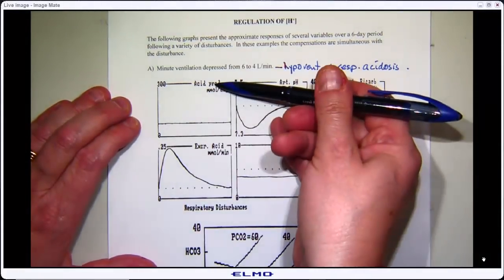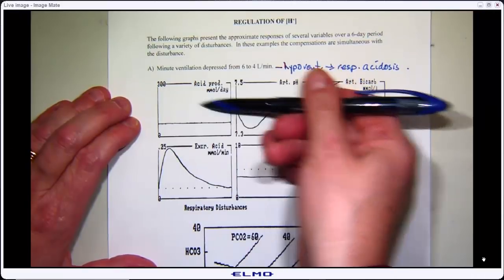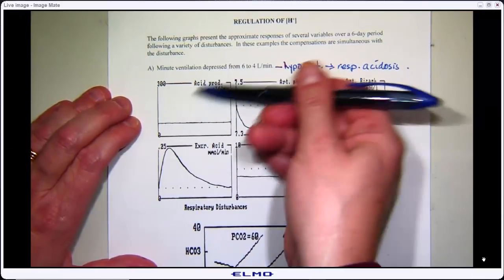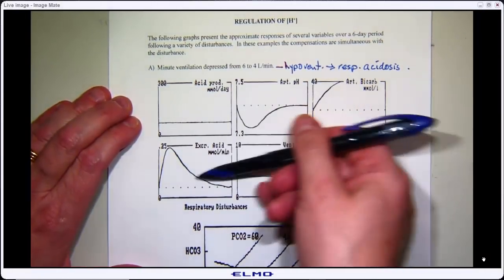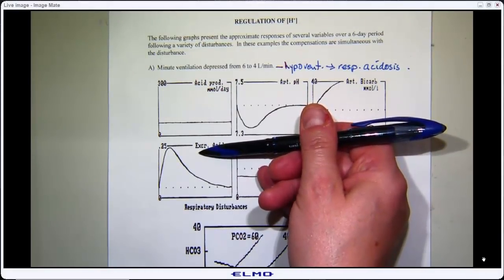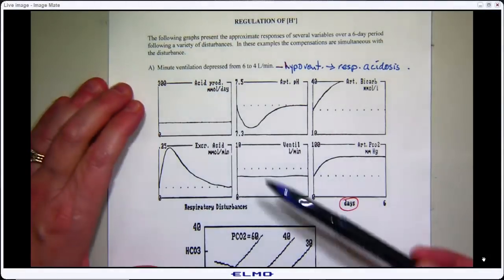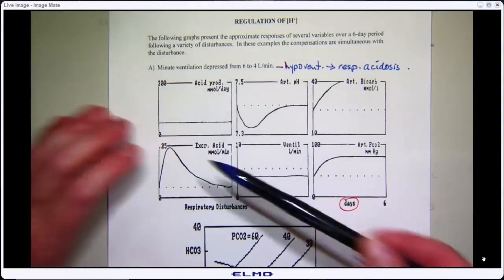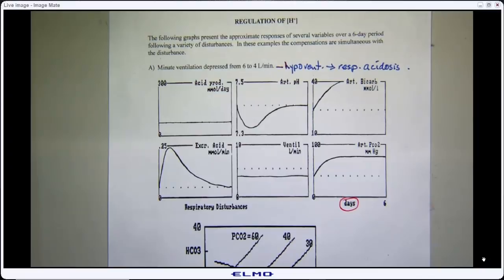We have graphs that also represent acid production, so we'll get into that when we're thinking about a metabolic problem. And then acid excretion, that's helping us with what the kidney's doing. So some indications about what ventilation is doing, some indications about what the kidney is doing. Again, we're going to use these graphs just to check our work.